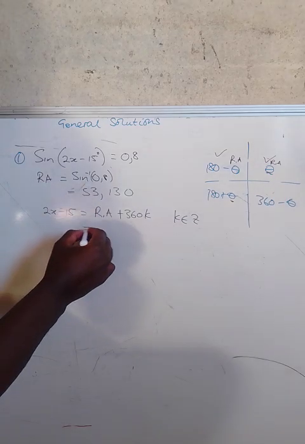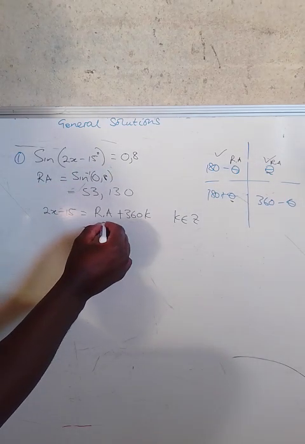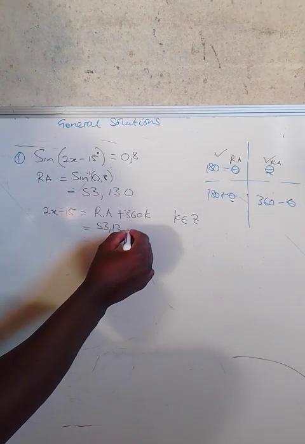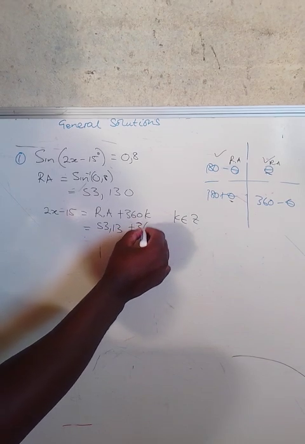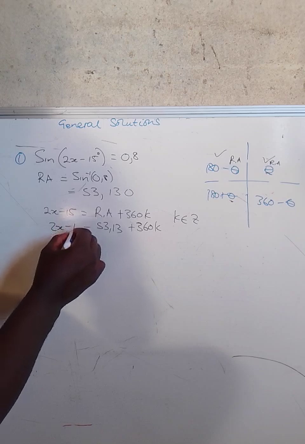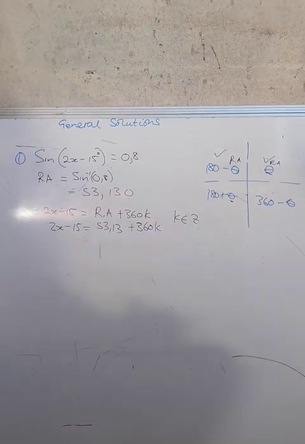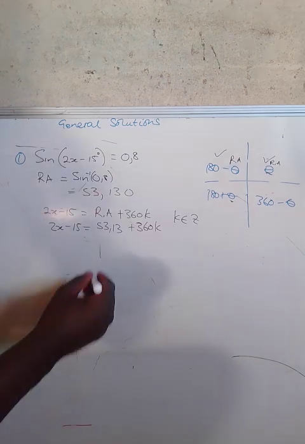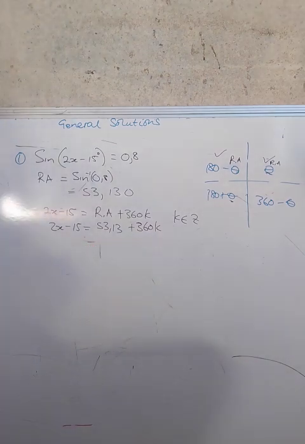Then from there, what is our reference angle? Our reference angle is 53.130 plus 360k. We have 2x minus 15 on this side. So we can solve this using our calculators.